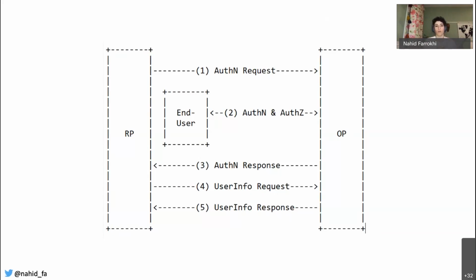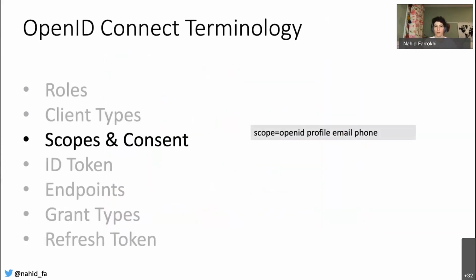All over the place you see the user info, because this is one of the things added. We're going to get to the endpoints. Sorry, I'm trying to go at a faster pace because I'm checking the time and I still have a lot to say. So for the scopes, it's actually one of the things which is special about OpenID Connect.